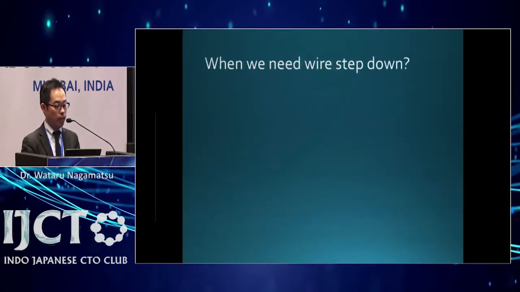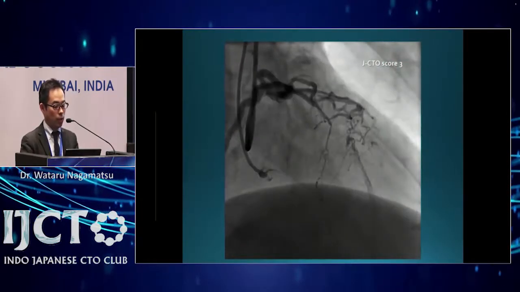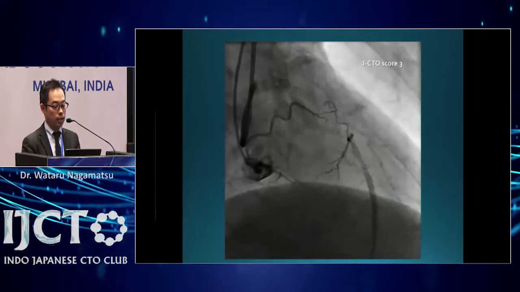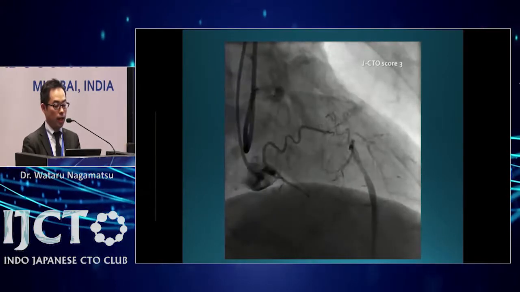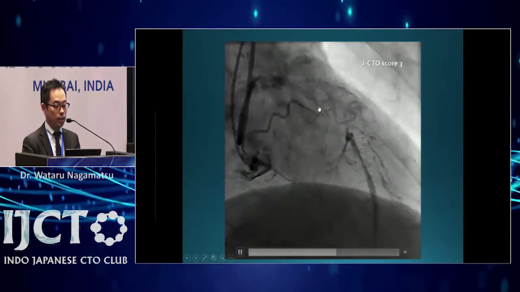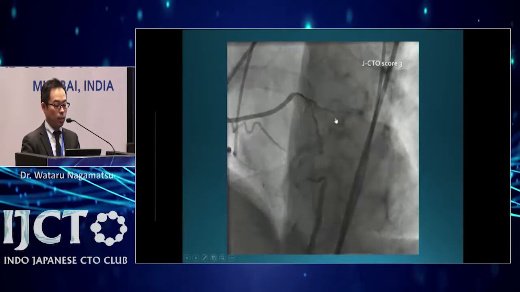Okay, when we need wire step down, I will show another case. This is J-CTO score 3, LAD CTO. From this electronic view we can see a little bend around here, and this is the lateral view.